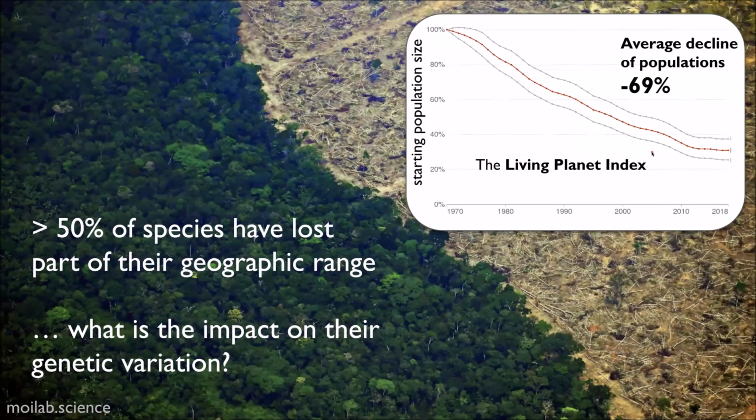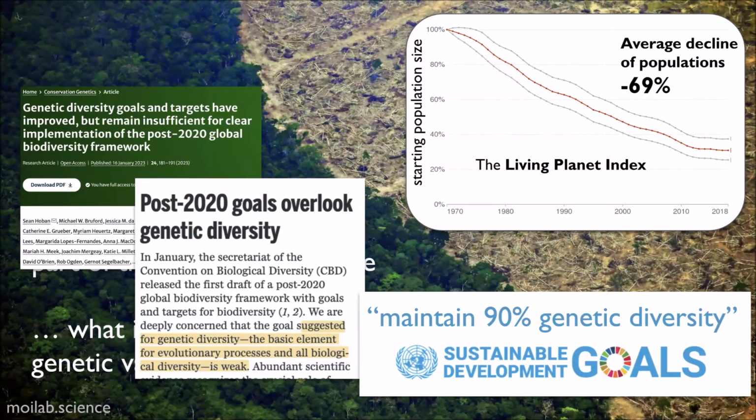The Living Planet Index, which tracks about 5,000 mammal species, over 30,000 populations over time since the 70s, has seen a geometric mean decline of 70%. So what is the effect on genetic diversity? It's unclear.